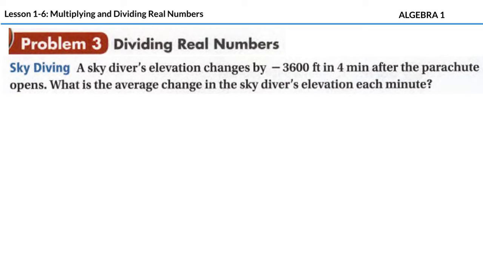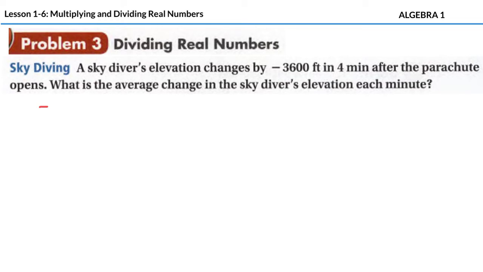So every 4 minutes, the elevation is changing by negative 3,600 feet. So you have been asked to find the average change in the elevation each minute. How are you going to do this? You will take negative 3,600 and you will divide it by 4. That's the concept, to find the average for each minute.